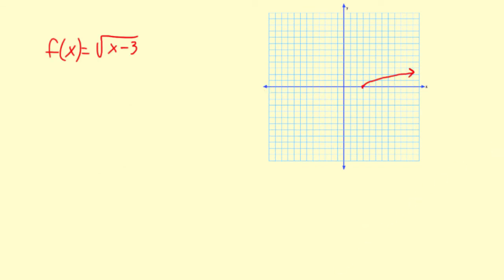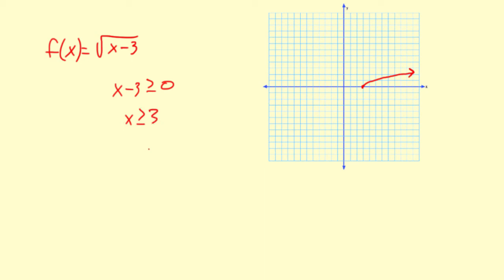This is a square root function. And for a square root function, the undefined values are those that make the square root negative. So that means x minus 3 has to be greater than or equal to 0 for the function to be defined. So solving that, I get x is greater than or equal to 3.